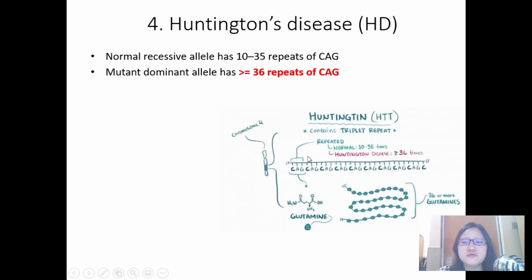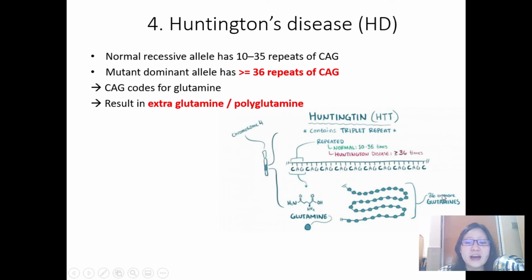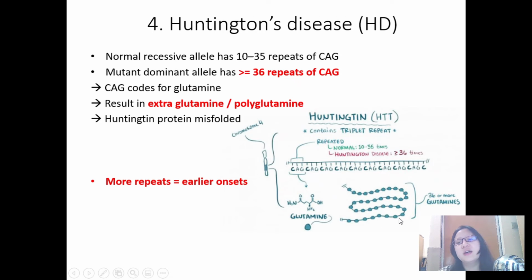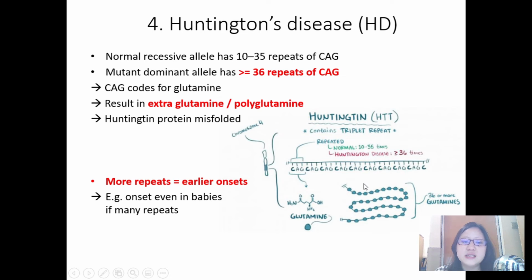And of course this affects the glutamine, okay, CAG codes for glutamine, the number of glutamines inside the resulting protein, causing the protein to misfold and of course malfunction. Now, the more repeats, so you might have 36, you might have 40, you might have 50, the more repeats of CAG, scientists realize that the onset is earlier.